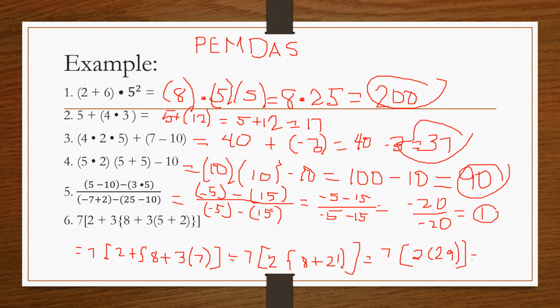Then, 7 times, alright, so, 2 times 29 equals 58. And then, 58 times 7.